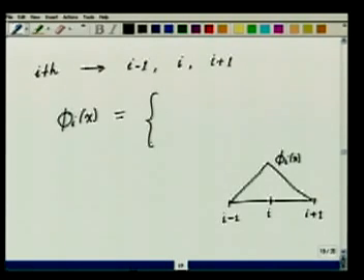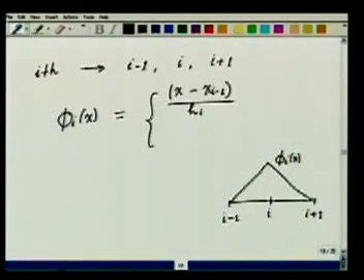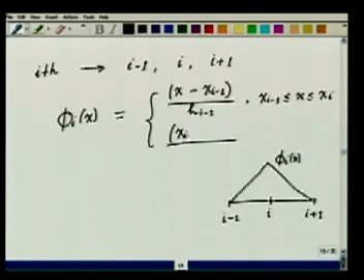So what we will get as a definition of phi of x, it will be equal to x minus xi minus 1 divided by h of element I minus 1 for xi minus 1 less than or equal to x less than or equal to xi, and it is equal to xi plus 1 minus x divided by hi for xi less than or equal to x less than or equal to xi plus 1.